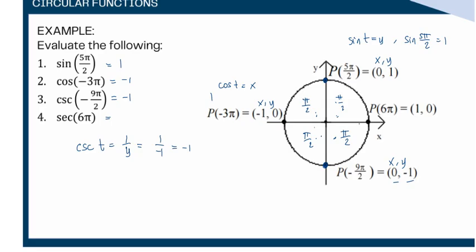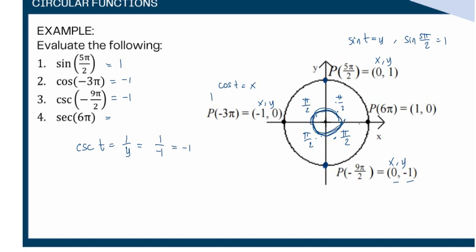And our secant 6 pi would be doing the same thing as our first item, which is sine 5 pi over 2. This moves counterclockwise. So we start here. 1, 2, 3, 4. That will be 1, 2, 3, 4, 5, 6.